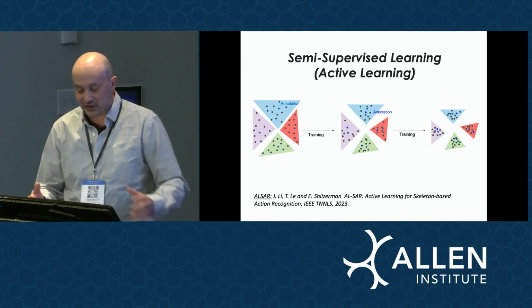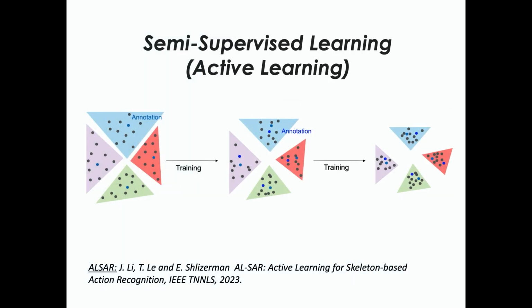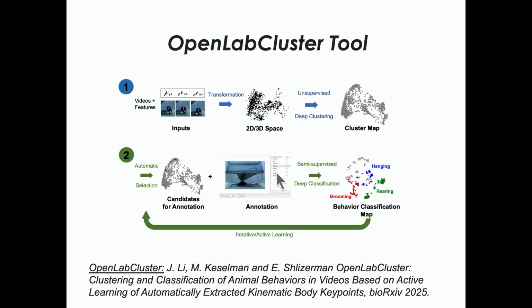So iteratively, this approach is supposed to even push further the trajectories close to each other, or the points that are close to each other, and then unknown points farther from each other. We have introduced, since this symposium is about open source tools, the open source code.